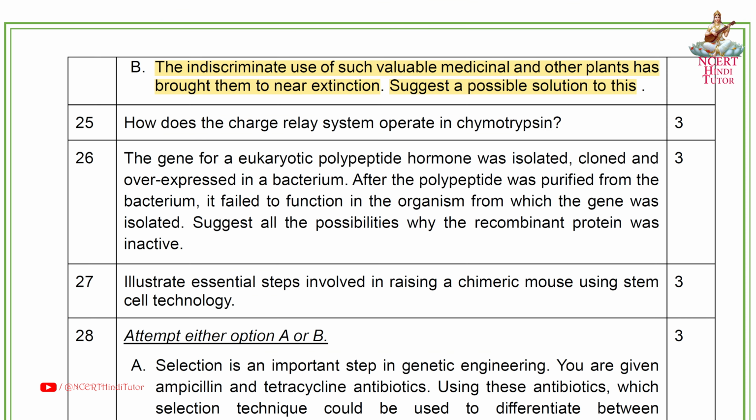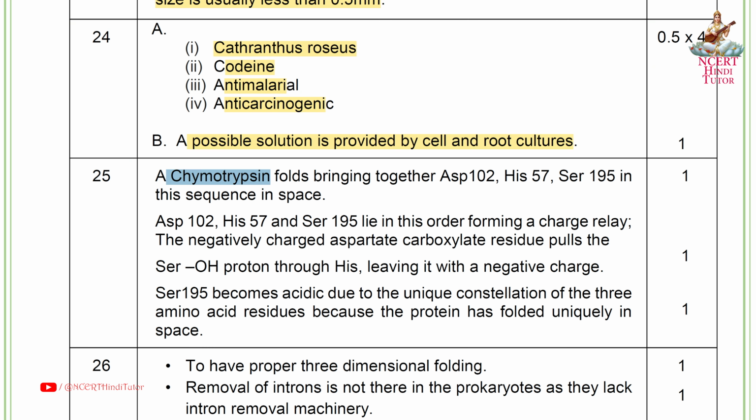Question 25. How does the charge relay system operate in chymotrypsin? Answer. Chymotrypsin folds bringing together ASP102, HIS57, SER195 in space. ASP102, HIS57 and SER195 lie in this order forming a charge relay.